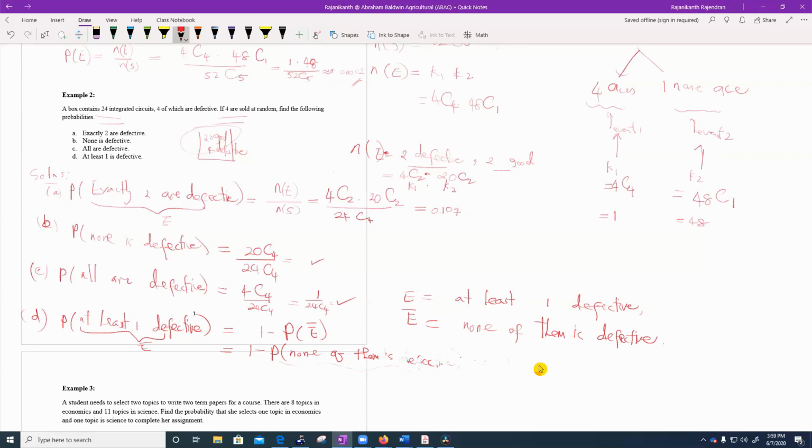Therefore, my final answer is 1 minus the probability of none of them is defective. So this is part B. Plugging in the part B answer, that is 1 minus 20 choose 4 over 24 choose 4. Okay, now you could figure out this answer as well. So this is the way to find all 3 probabilities.